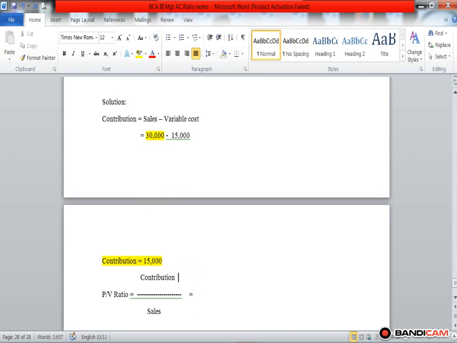So contribution is equal to 15,000 divided by sales 30,000, multiplied by 100. We studied in our previous lecture that PV ratio is always in percentage, so multiplied by 100. Okay, got it?